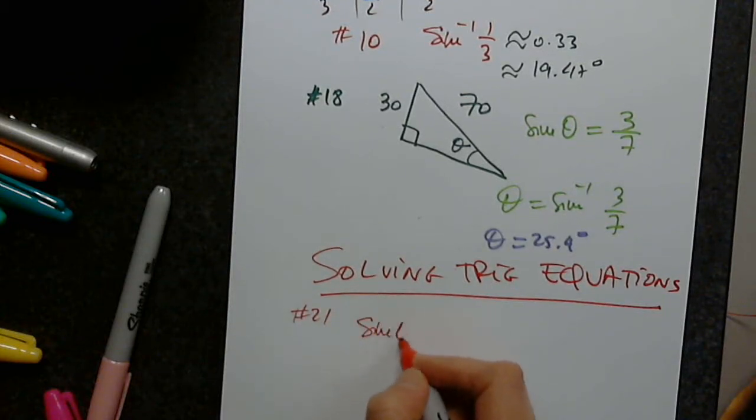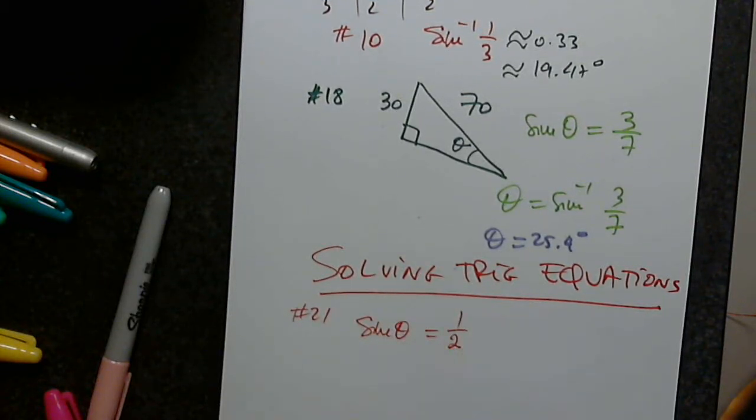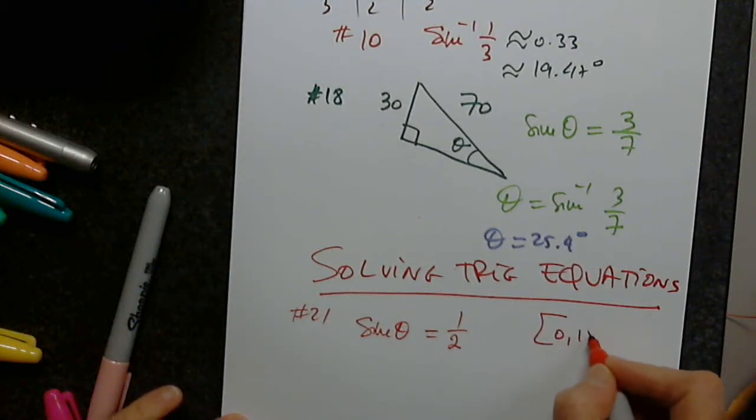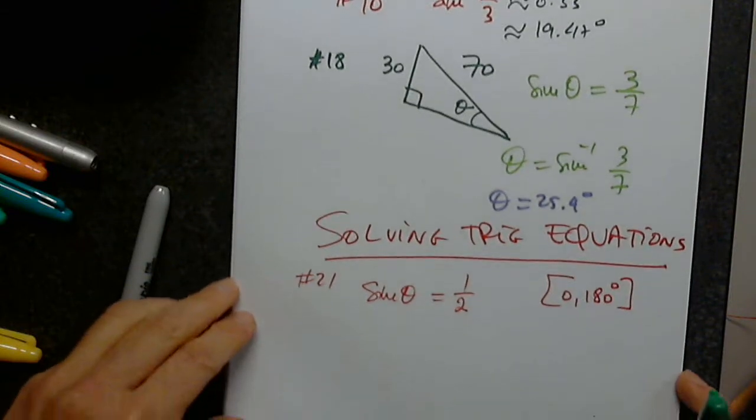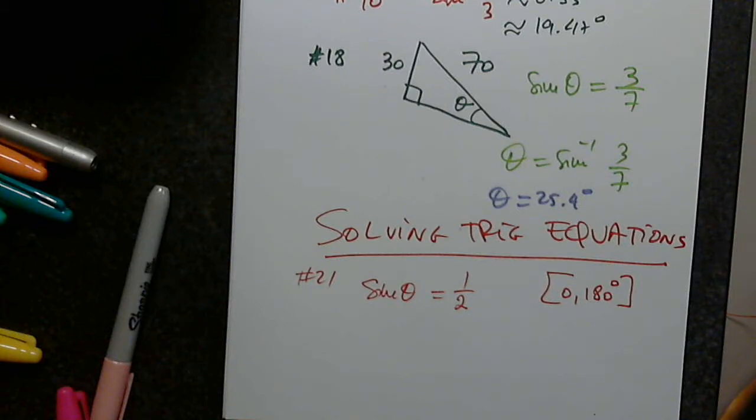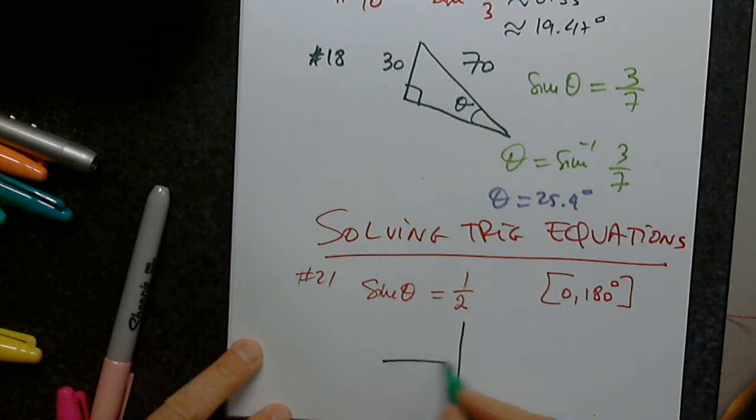We have sine theta equals 1/2. Find all angles theta between 0 and 180. They are telling us only between 0 and 180 degrees, which is what quadrants? 1 and 2. Exactly. Satisfying the given condition. Exactly how we followed the solution last time, I draw the unit circle.